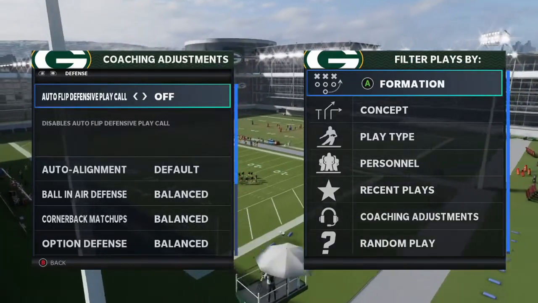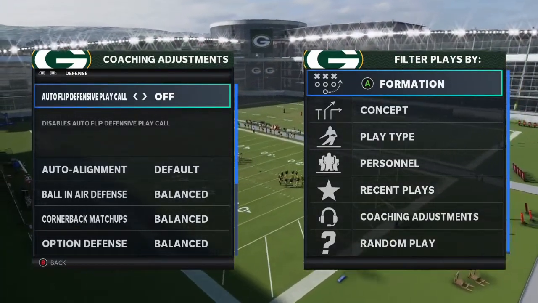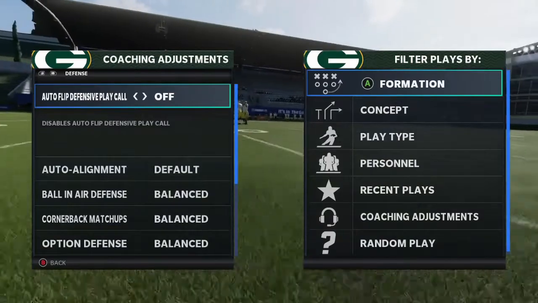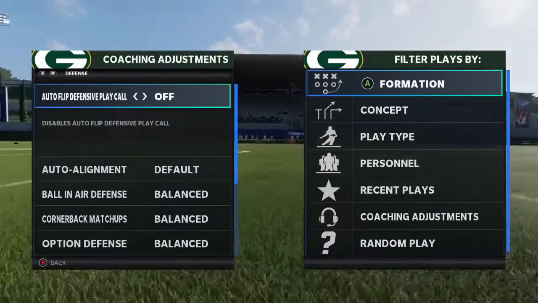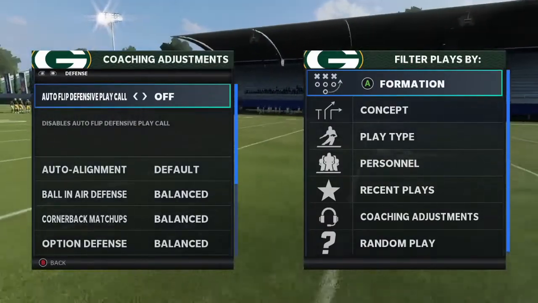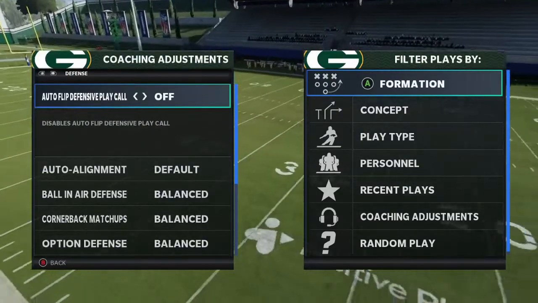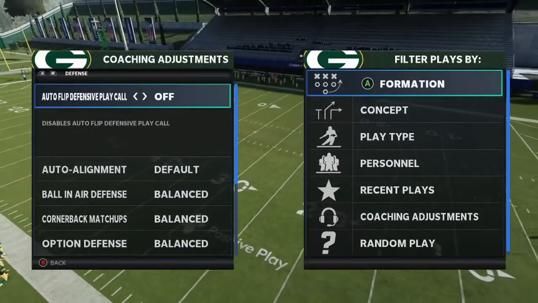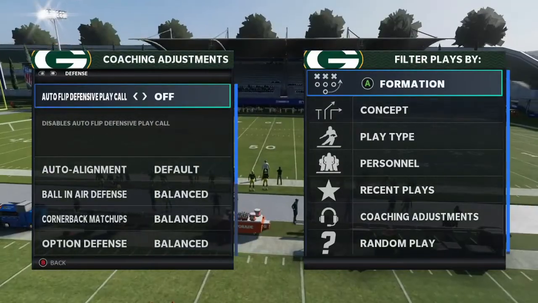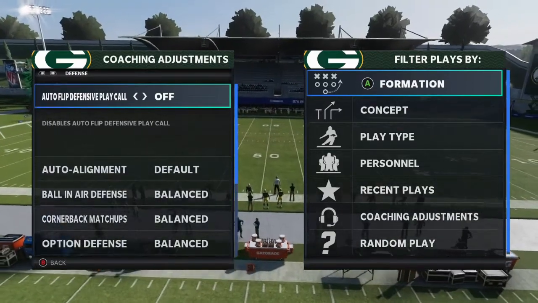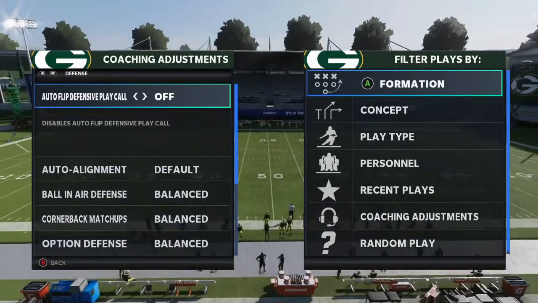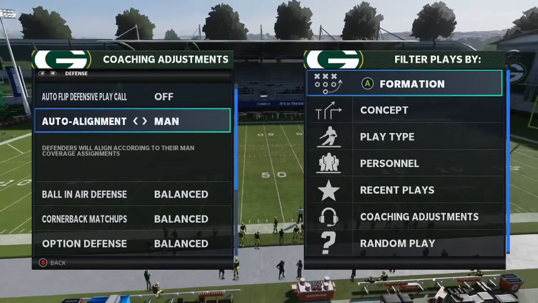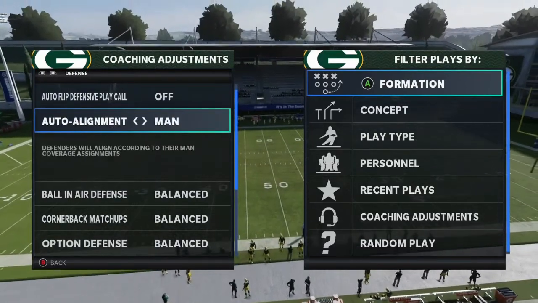Basically, what this does is your slot cornerback is going to line up on the side where there's more receivers, or the slot corner is going to line up to the strong side of the formation every time. So it's up to you if you want to have that on or off. Auto alignment, we usually leave this on default.